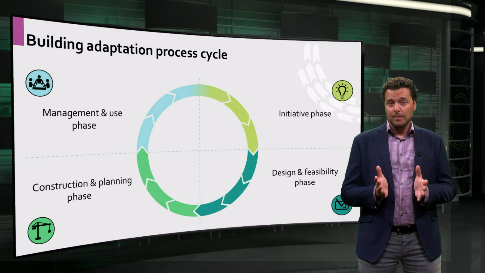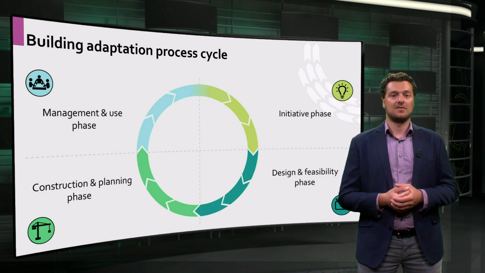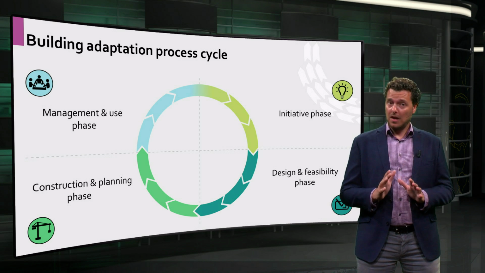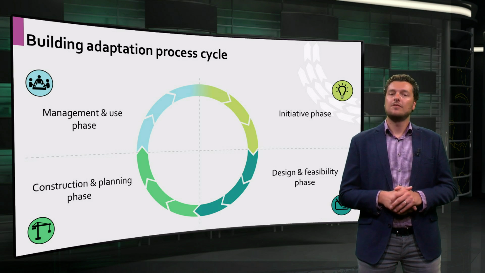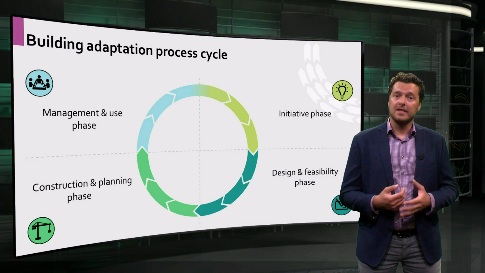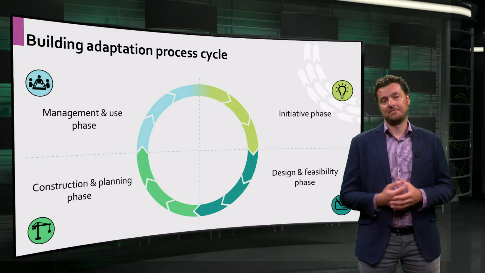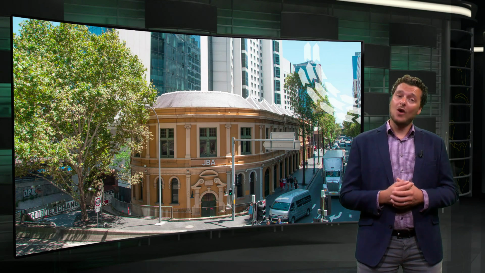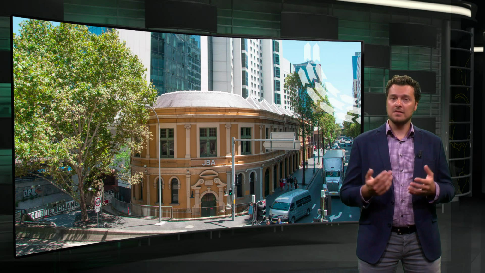Note that an existing building that needs to be adapted is always in a management and use phase. But to start the building adaptation process, someone still needs to take the initiative to adapt it. Then a redesign has to be made, the building needs to be reconstructed, and finally the building can be reused again.